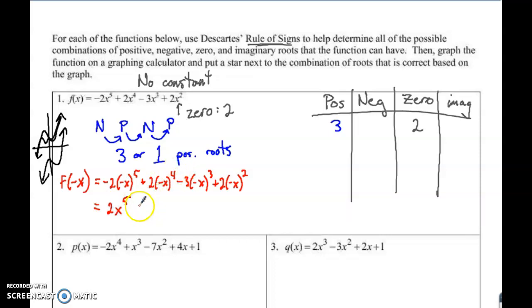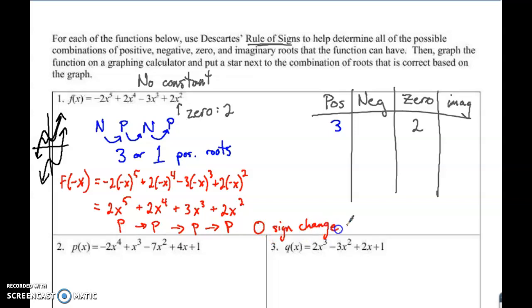Negative to an even power is back to a positive. Negative to an odd power is a negative times this negative, it's positive. And then a negative squared is a positive. So we're looking at a positive to a positive to a positive to a positive. There are 0 sign changes.